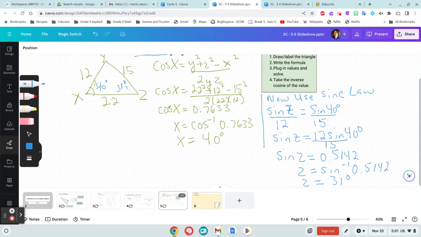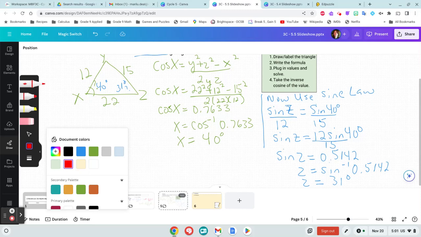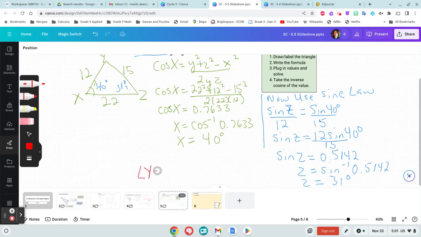Now that I have X and I have Z, I can figure out that angle Y is going to be 180 minus 31 minus 40, which equals 109 degrees. I know these questions have lots of steps in them and it takes a little while to write them out. However, once you do a few of them, the process is the same over and over again.